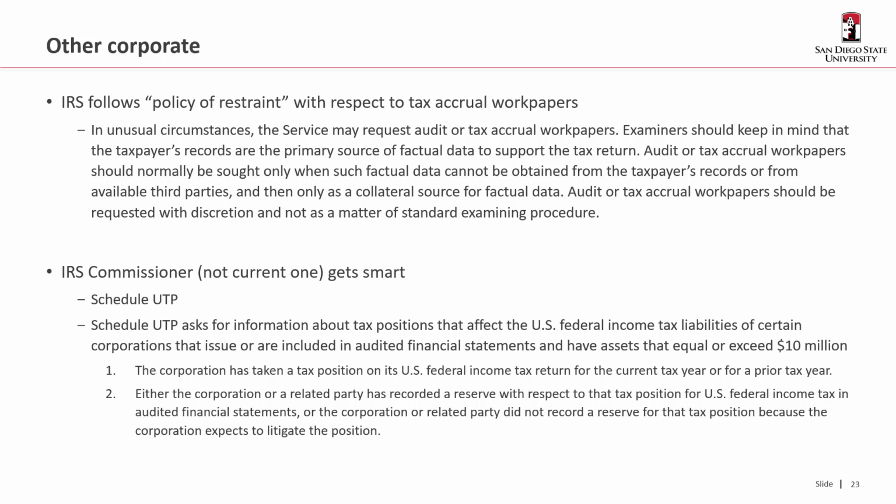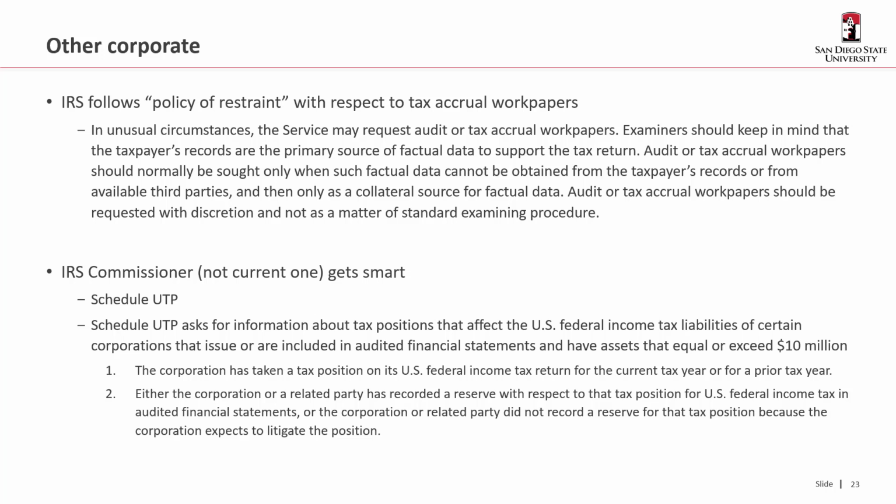Okay, but otherwise, auditor tax accrual work papers should normally only be sought when such factual data cannot be obtained from the taxpayer's records or from other third parties, and then only as a collateral source. They should be requested only with discretion and not as a matter of standard examination procedure. So the good news is to try to keep the audit independent and the work papers independent. The IRS follows a policy of restraint.